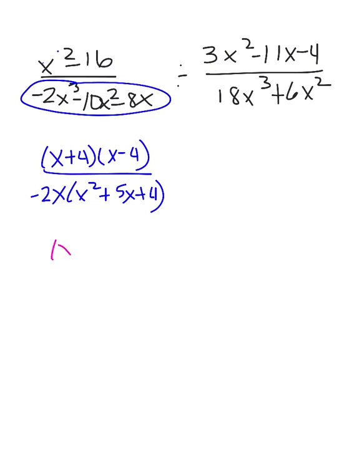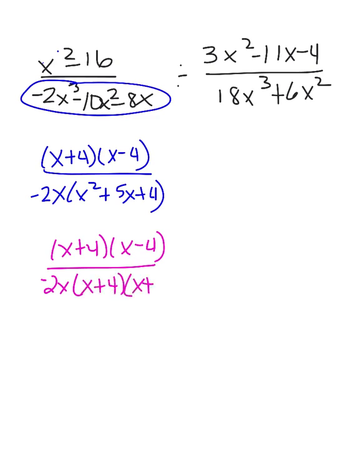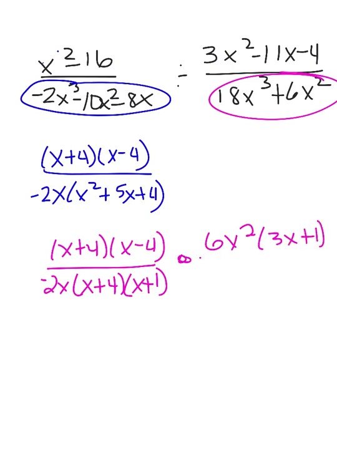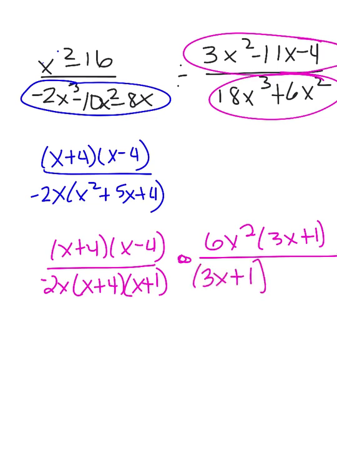I have x plus 4, x minus 4 over negative 2x times x plus 4, x plus 1, times, so this goes in the numerator, GCF is 6x squared, times 3x plus 1. In the denominator, I can factor that trinomial. So that becomes 3x plus 1 times x minus 4. And now I can reduce.